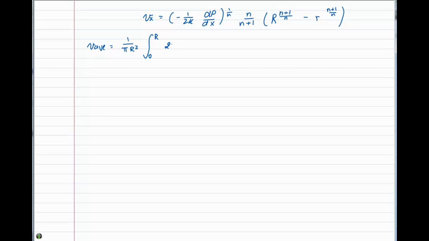This is the expression we're given for the average velocity: 1 over pi R squared times the integral of 2 pi times r times Vx times dr. And we will now fill in the expression we just found for Vx. So this will become a very long expression.